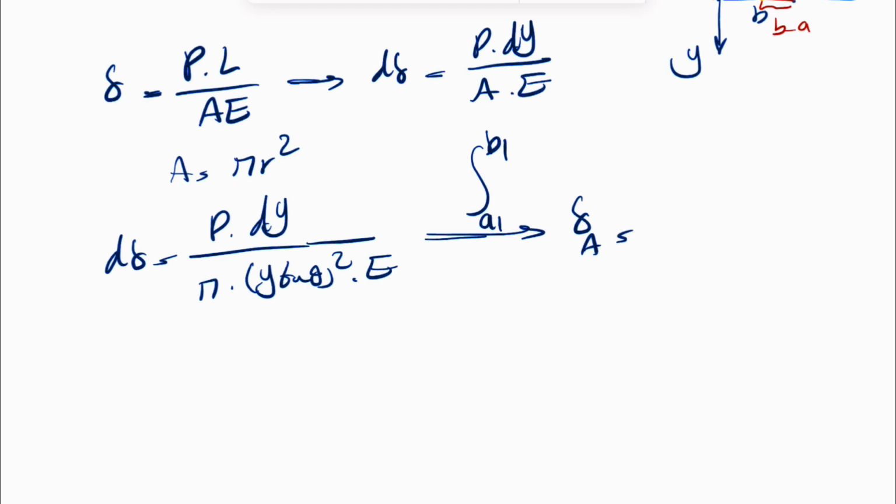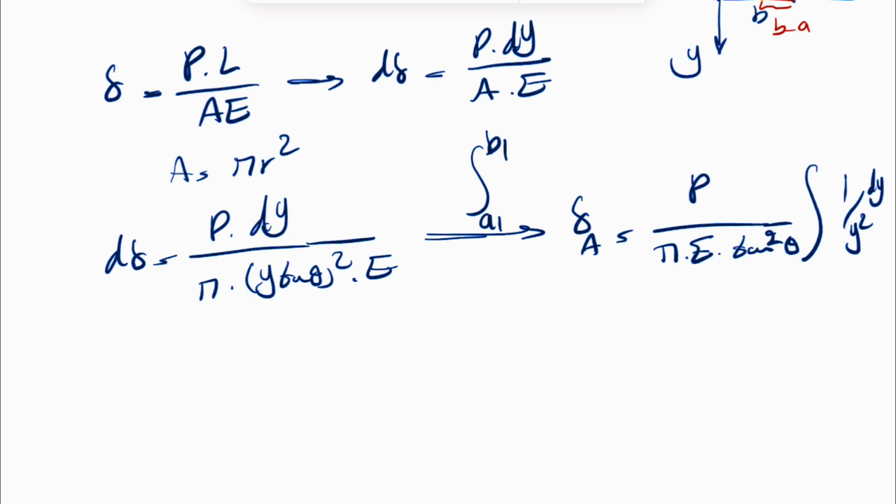So delta A will be equal to P over, I'm going to bring all the constants on one side, pi times E times tangent squared of theta, and we're going to have the integral of 1 over y squared dy from a1 to b1.